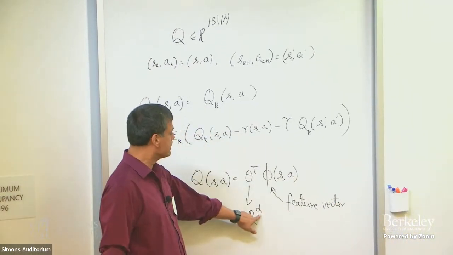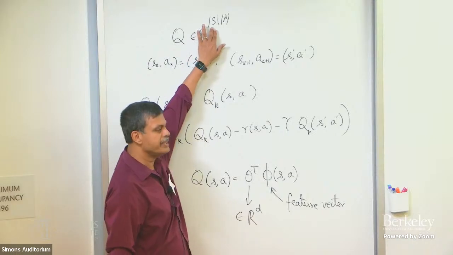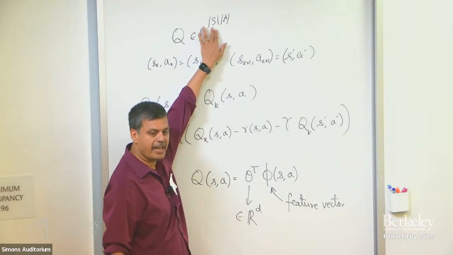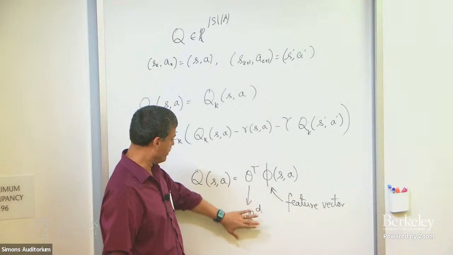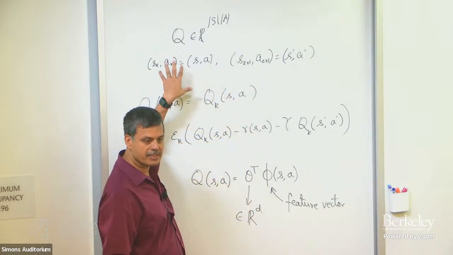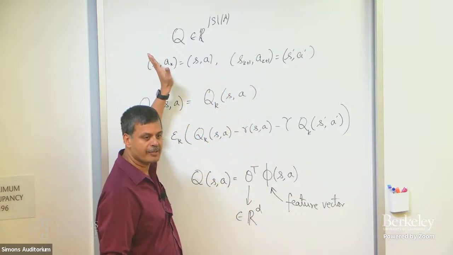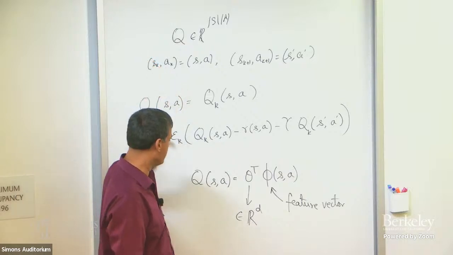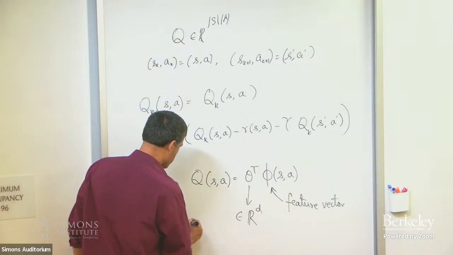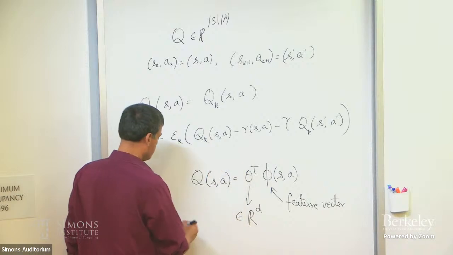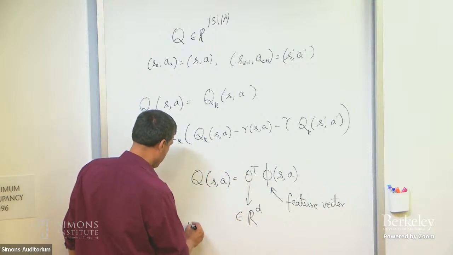We choose D to be much smaller than S times A, so that learning this, and even just storing it, would be much easier.